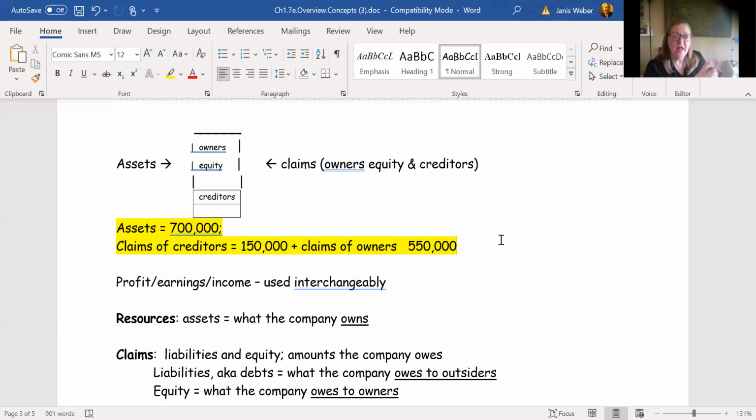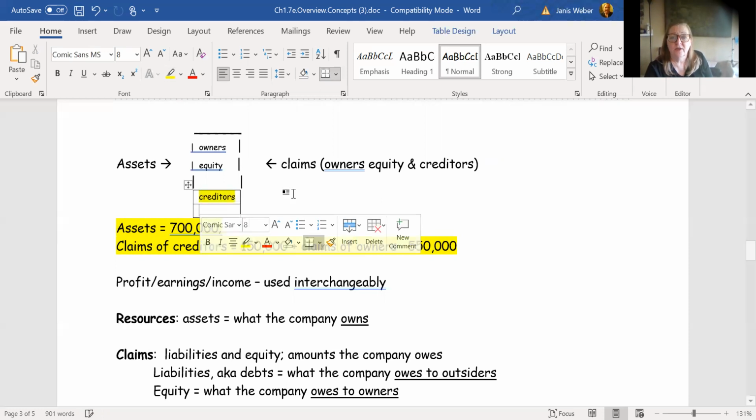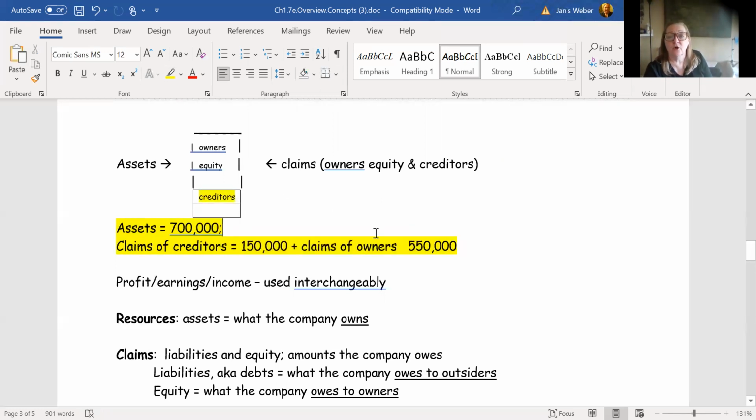And of those resources, there's a claim on every one of them. That's because they usually owe creditors. If you owe creditors, that's a liability. So the part that the creditors own, there's a claim on the assets regarding the amount that you owe the creditors.